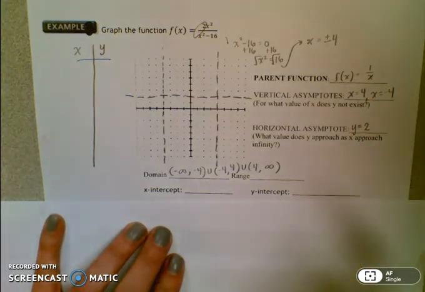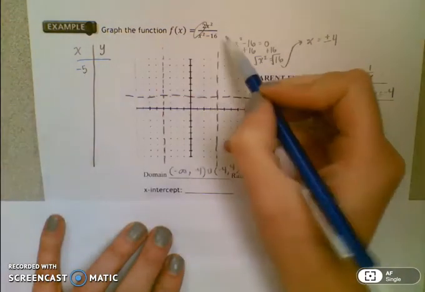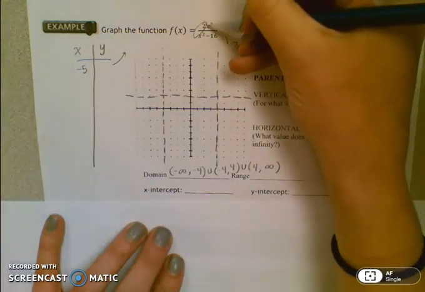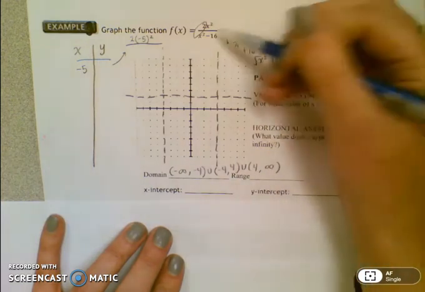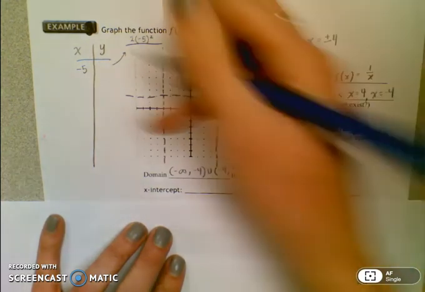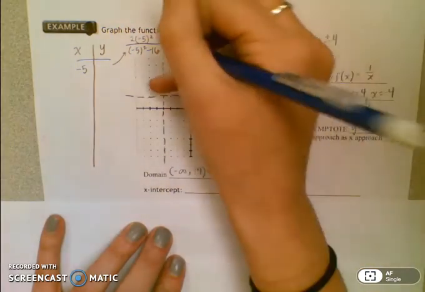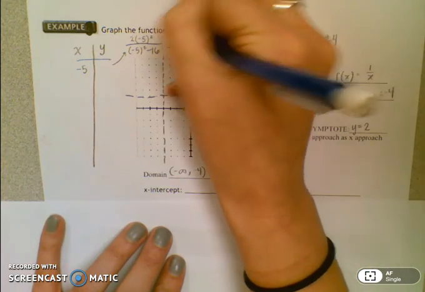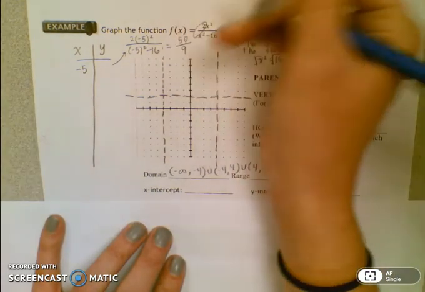So my value I'm going to test from negative infinity to negative 4 is negative 5. But again, you could test any value you want. So I'm going to input negative 5 into the original rational. So I have 2 times negative 5 squared divided by negative 5 squared minus 16. I'm going to simplify that. 2 times 25 is 50. 25 minus 16 is 9.